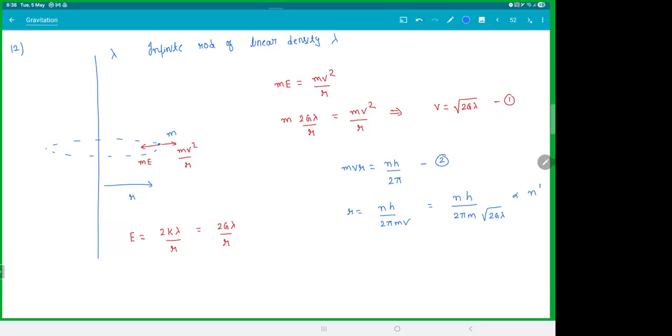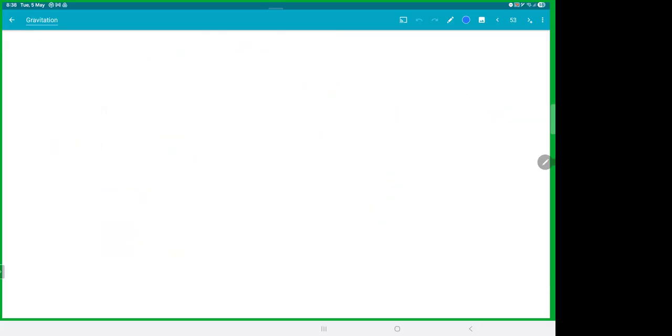Let's see one more. Let's say the force between the satellite and the planet is given by F is equal to minus K by R power n. K is a positive constant.